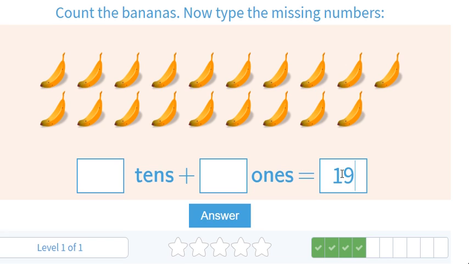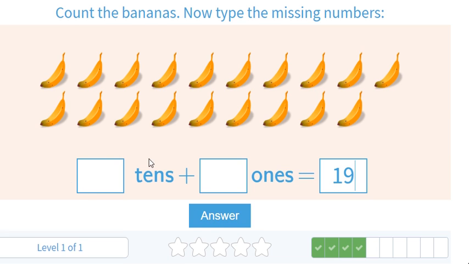When we look at the number 19 very closely, we know that teen numbers have a group of 10, which is this one right here, and teen numbers also have some 1s. And our 1s is the number 9. So the number 19 has one group of 10 and 9 1s.